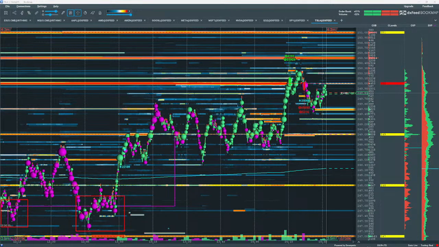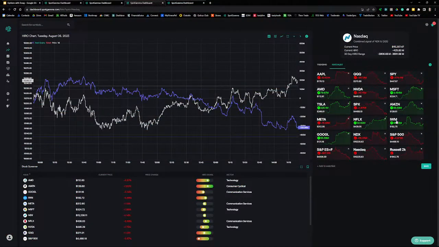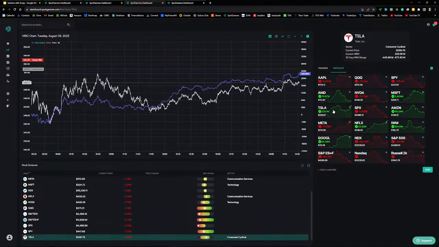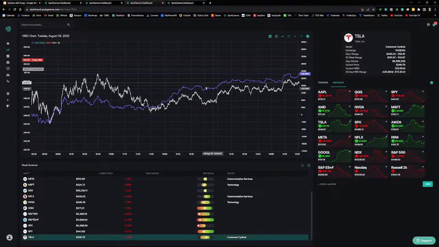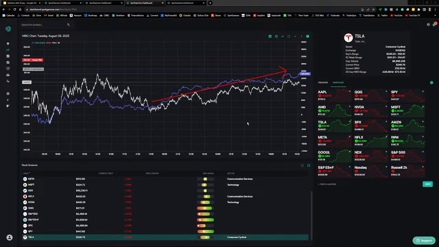And let's see what options traders are doing and see if they're supporting this move. Let's go back to Tesla. And so far Tesla options traders continue to take positive delta positions, and I would definitely be looking for a long here.